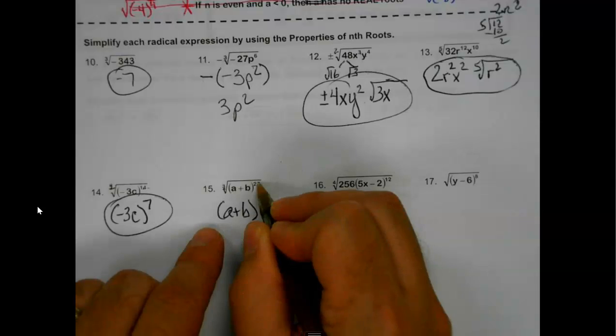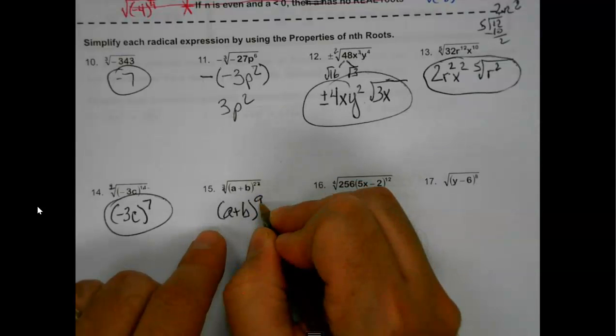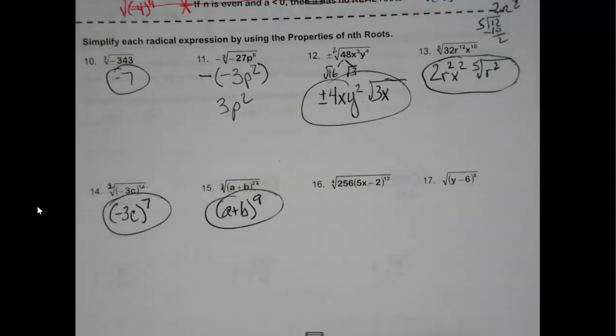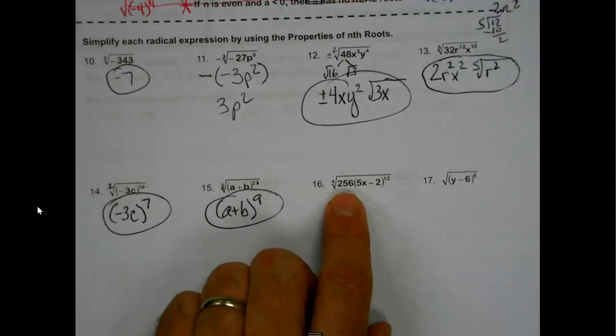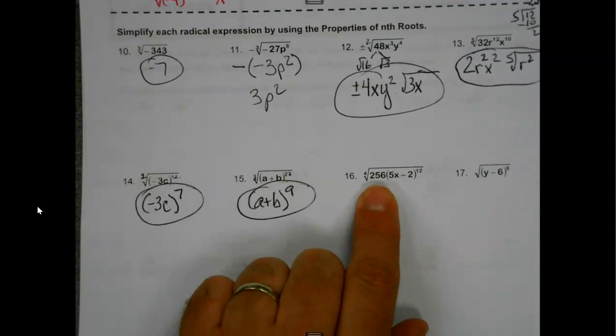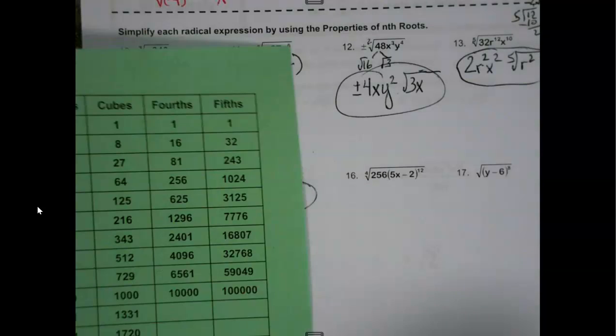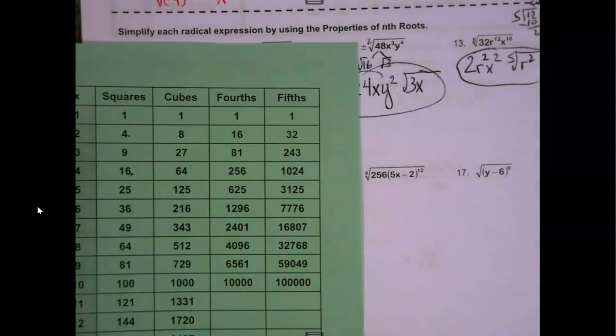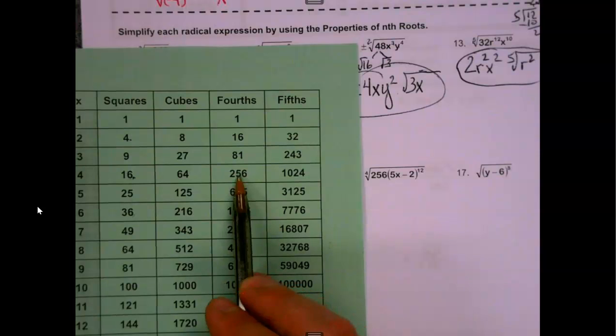Exponent over index, 27 over 3 is 9. Definitely don't try to multiply that out. That'd be a mess. Most of the time, I can't promise every time, most of the time when you get the nasty looking 4th and 5th roots, they're going to be on your sheet.